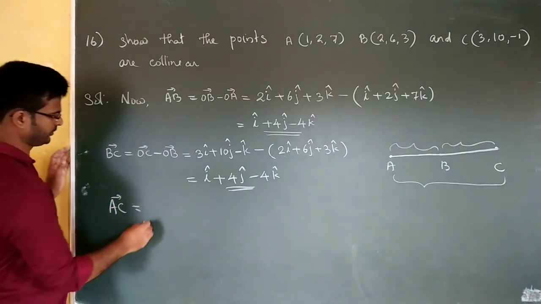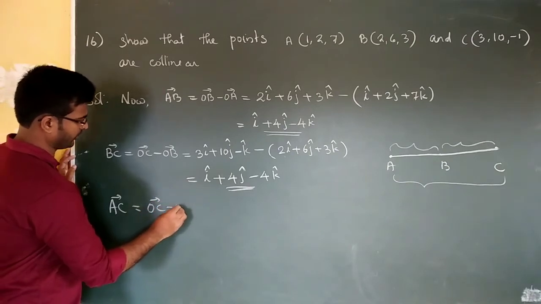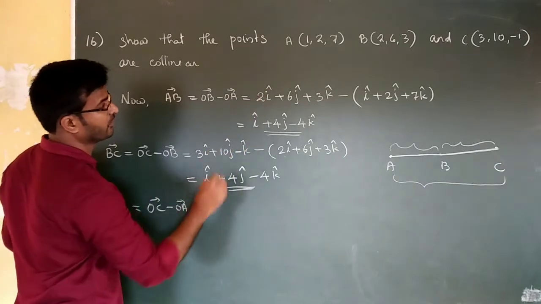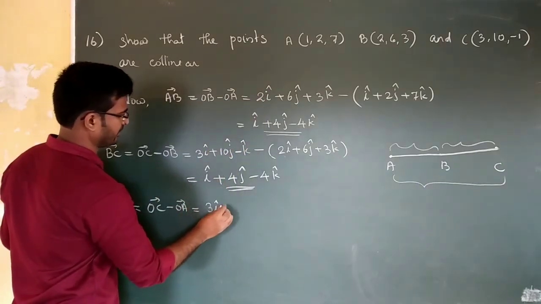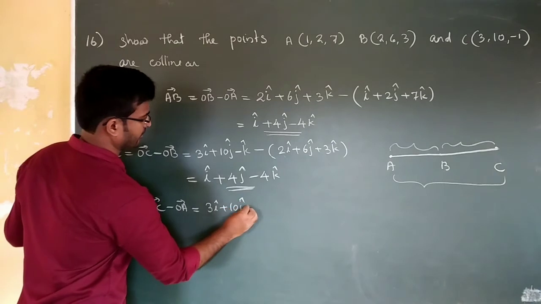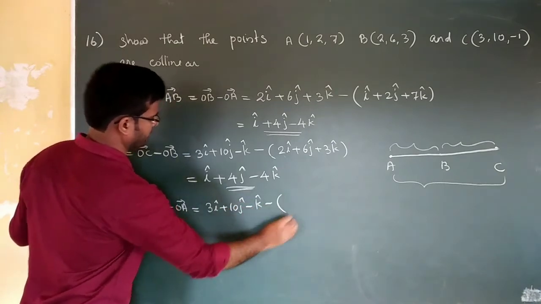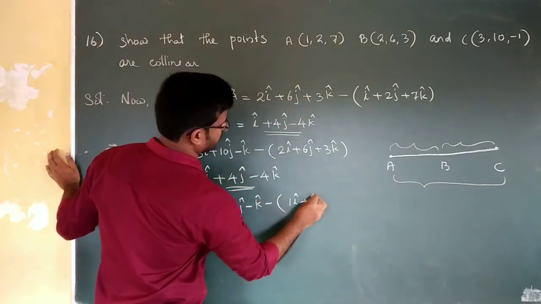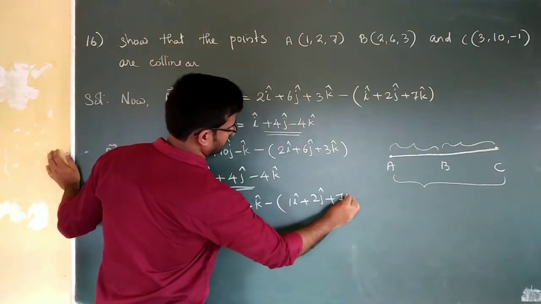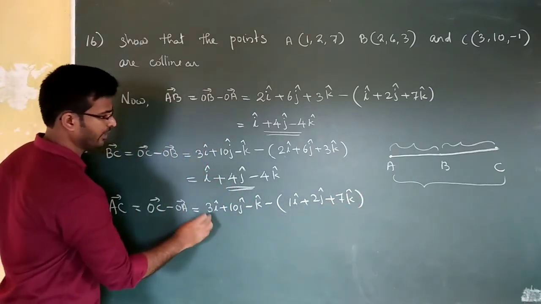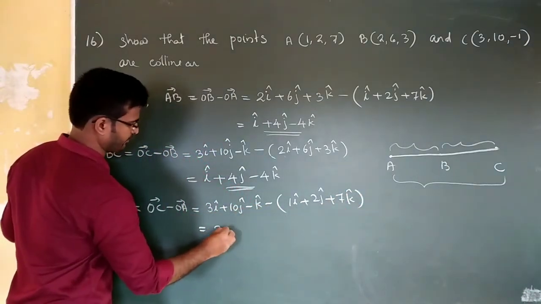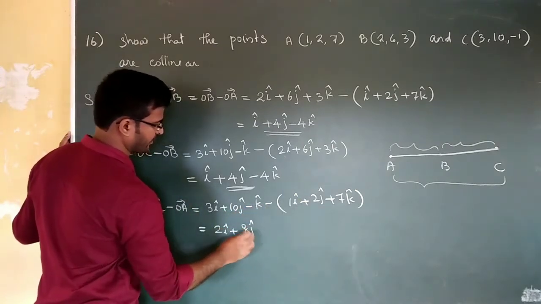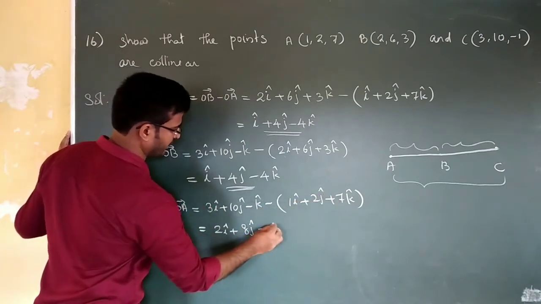AC vector equal to OC vector minus OA vector. OC vector from point C is 3i plus 10j minus k, minus OA vector, which is i plus 2j plus 7k, equal to 3 minus 1 is 2i, 10j minus 2j is 8j, minus k minus 7k is minus 8k.